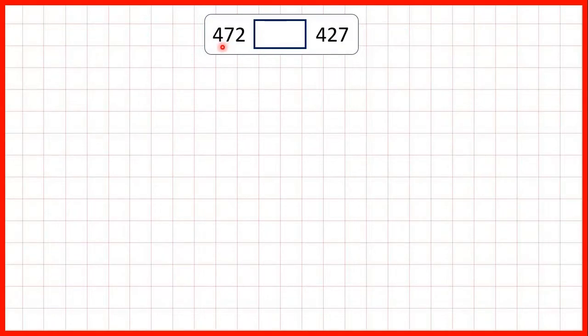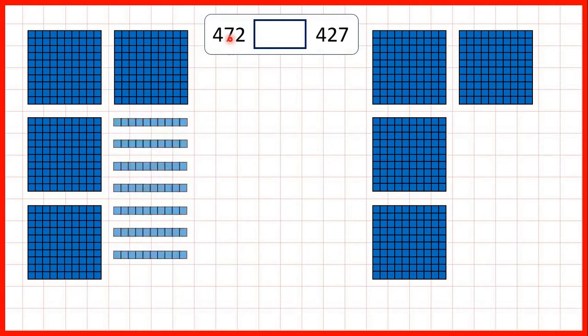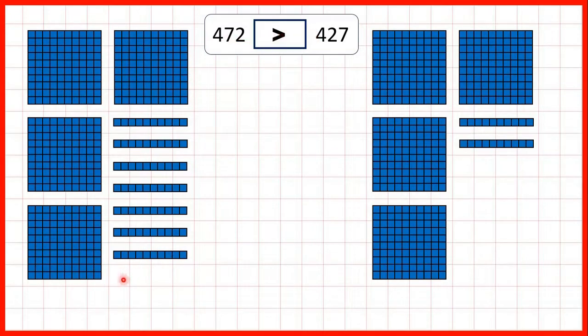Then we had 472 and 427. So with both numbers we have the same number of hundreds, but with 472 we have 7 tens, and with 427 we only have 2 tens. So we know that 472 must be larger, even though it only has 2 ones, but this number has 7.